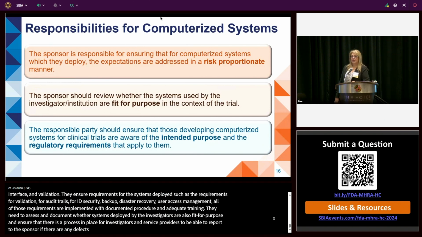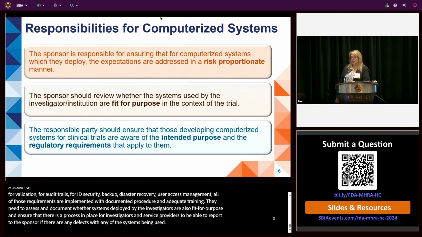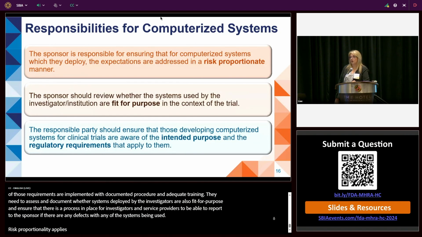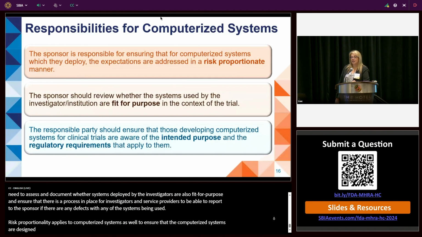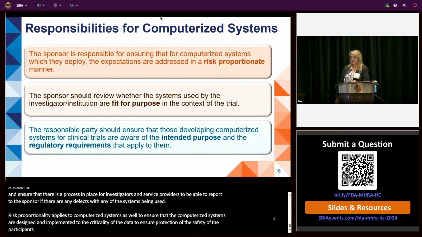Risk proportionality applies to computerized system as well, to ensure that the computerized systems are designed and implemented to the criticality of the data, to ensure protection of the safety of the participants participating in the study. As such, the sponsor is responsible to ensure expectations of the systems are addressed in a risk proportionate manner.